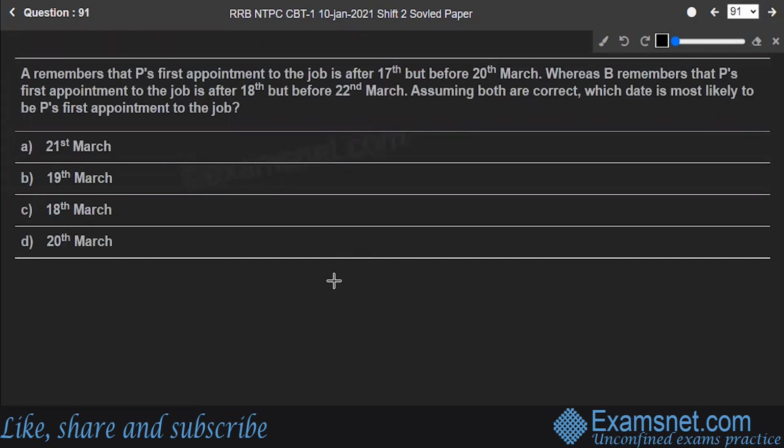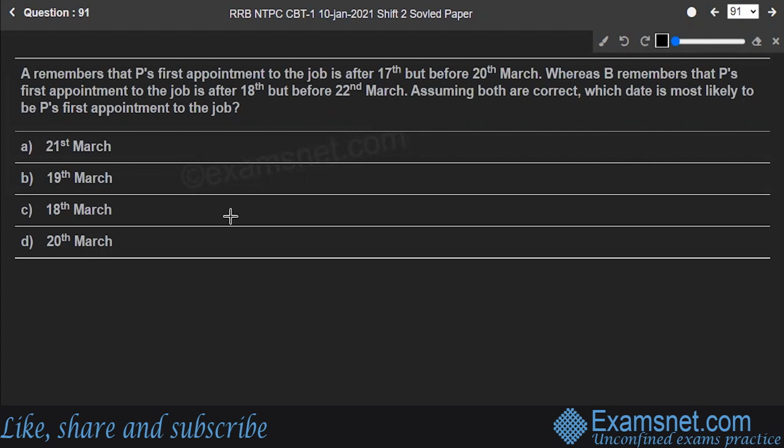A remembers that P's first appointment to the job is after 17, but before 20th March. Whereas B remembers that P's first appointment to the job is after 18, but before 22nd March. Assuming both are correct, which date is most likely to be P's first appointment to the job?